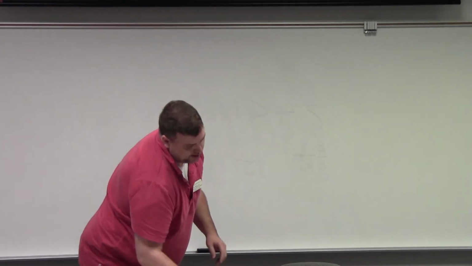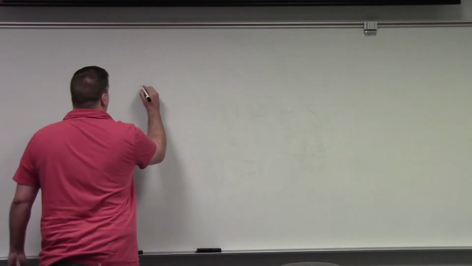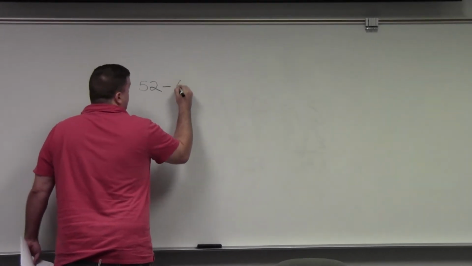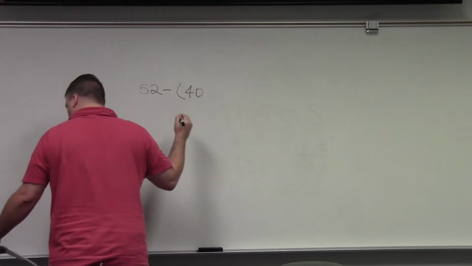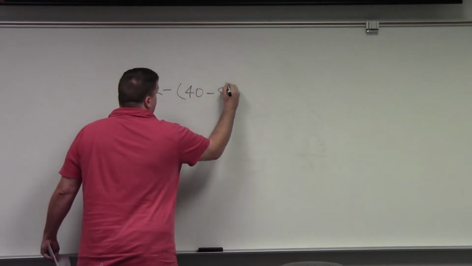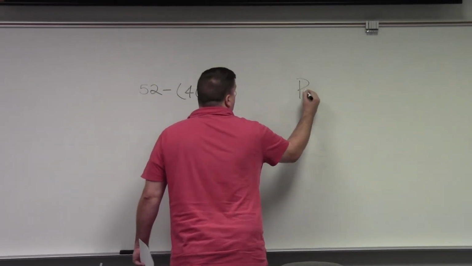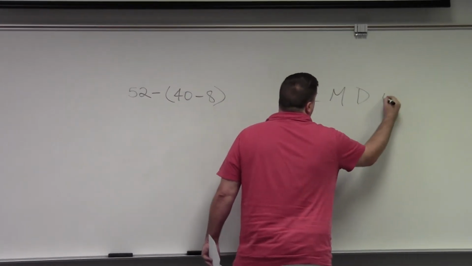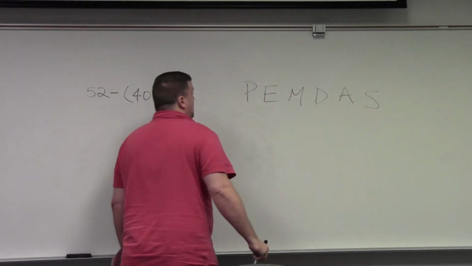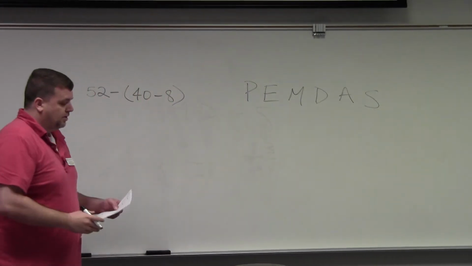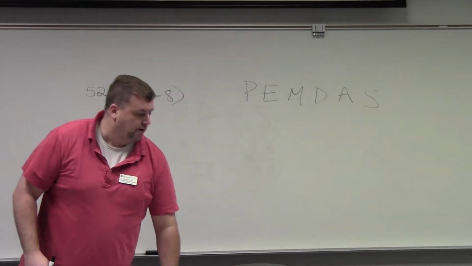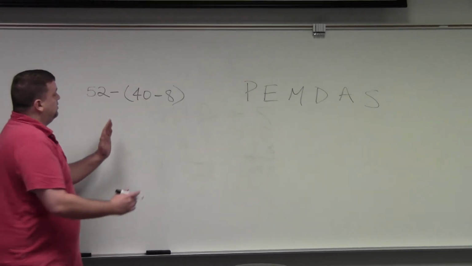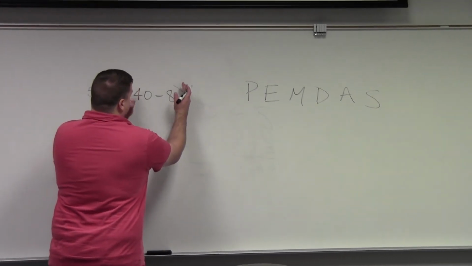So let's talk about 52 minus... Notice we have in the boxes to the right the letters PEMDAS. And we're going to check those off as we're going along to make sure that we're following our order. So are there any parentheses? Yes, which means we have to do what's inside there first.